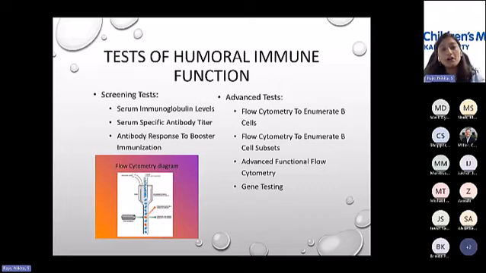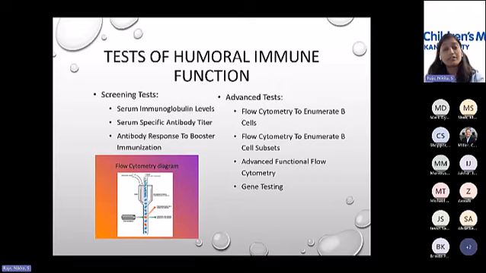First, when we are thinking of humoral immune defects, the screening tests that we typically use are immunoglobulin levels, getting antibody titers for vaccines, and then maybe giving them boosters of vaccines and rechecking the vaccine titers.